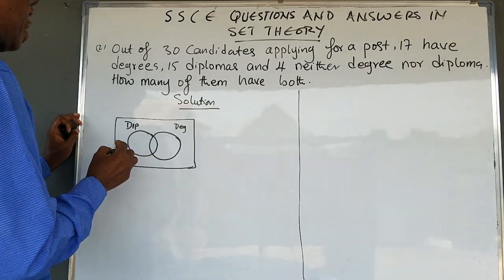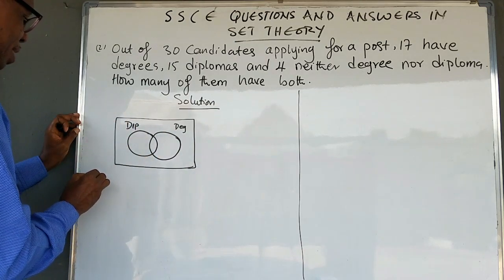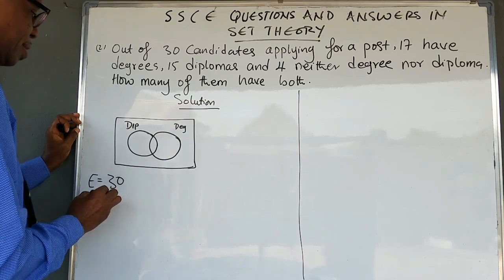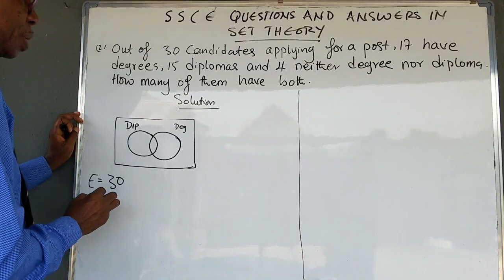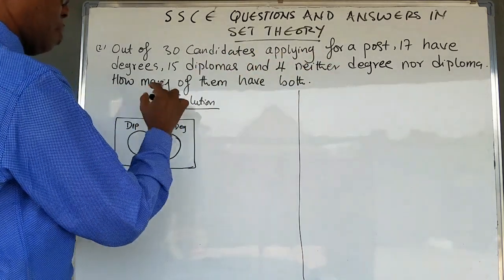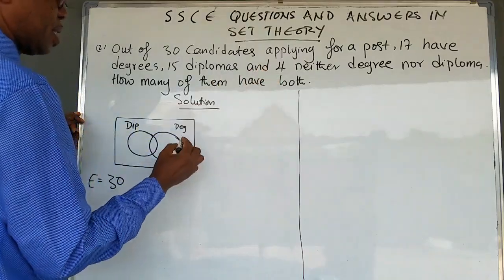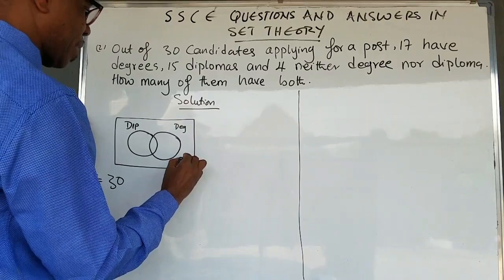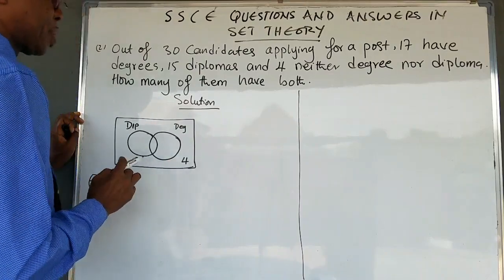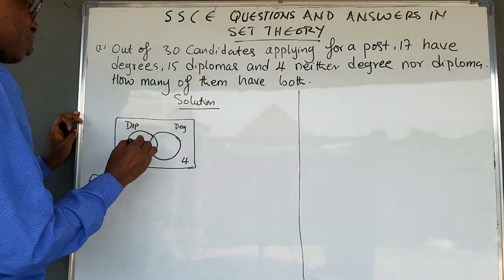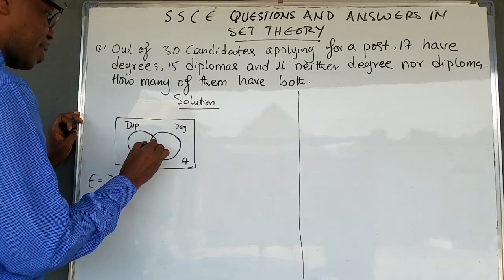We say that now E is my universal set, which is 30 candidates, and then those that did neither degree nor diploma, 4. Neither degree nor diploma is out here, somewhere here is 4. Then the question is, how many did both? So that will be X here, the intersection.